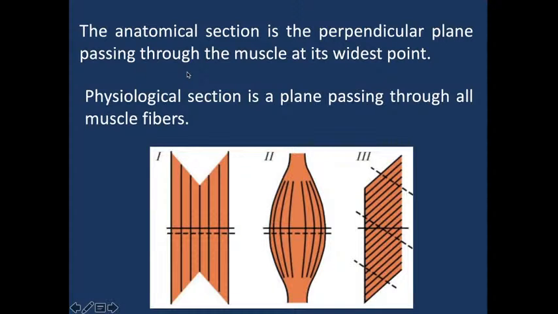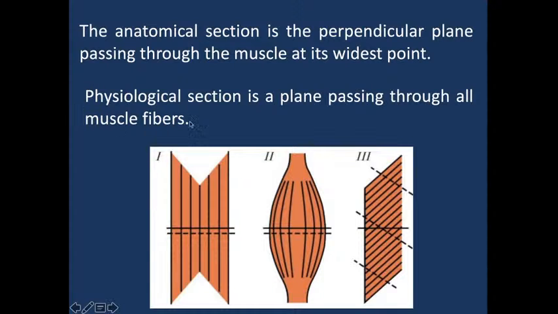What is the anatomical section? What is the physiological section? The anatomical section is just a cut of this. This is the section and the square. The square of the section in a perpendicular cut is called the anatomical section.